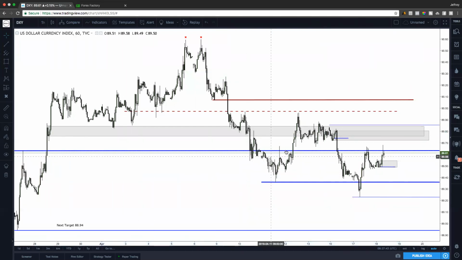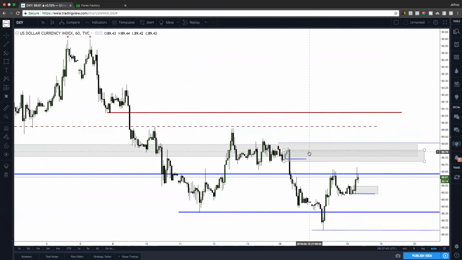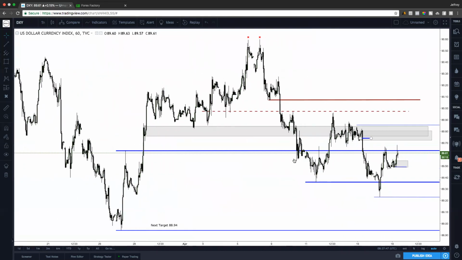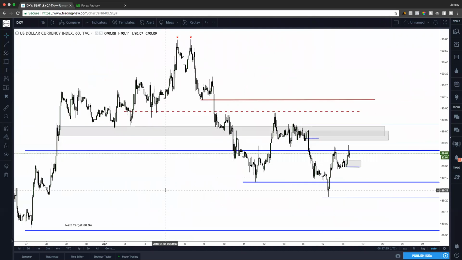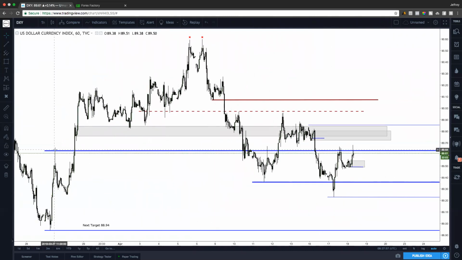All right. And yeah, you could see even this level, right? So this was a market structure break that we had here. Right now, you can see that that old level here, it was resistance, broke through the resistance, traded into it, found a little support, traded through it again, resistance, traded down, now we're finding resistance at it again.